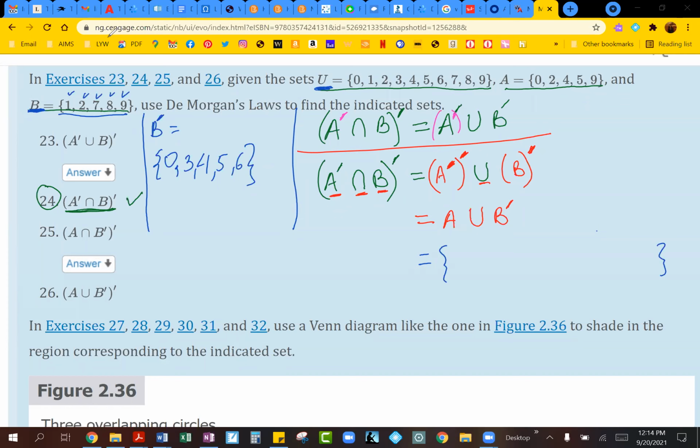So between B complement and set A, have your answer ready. And remember, you're doing a union between the two sets.